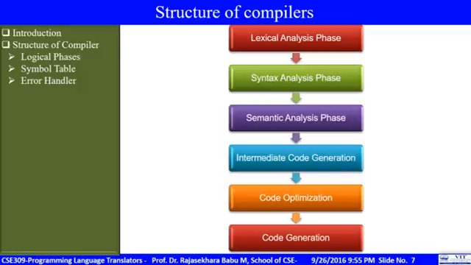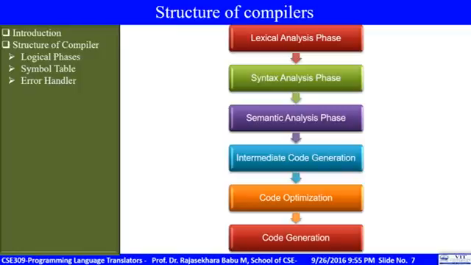Later on, the compiler pioneers identified that it is very much needed to separate the semantic analysis phase from the syntax analysis phase and from the intermediate code generation. That's how the new phase came into the picture and it formed 6 phases. Now: lexical analysis, syntax analysis, semantic analysis, intermediate code generation, code optimization, code generation. These are the 6 phases of the compiler.